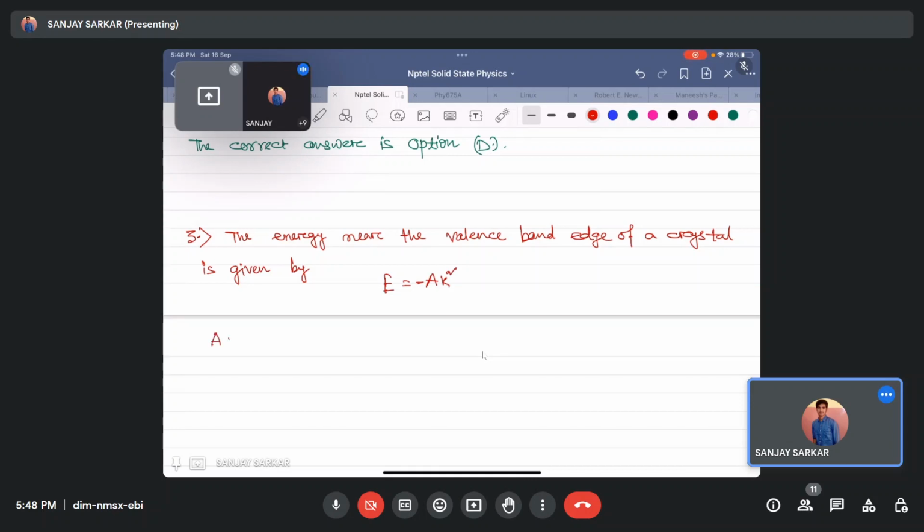where a is equal to 10 to the power minus 39 joule meter square.